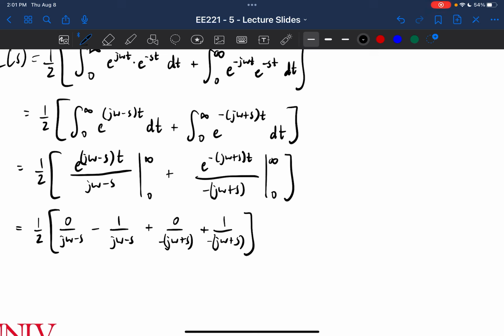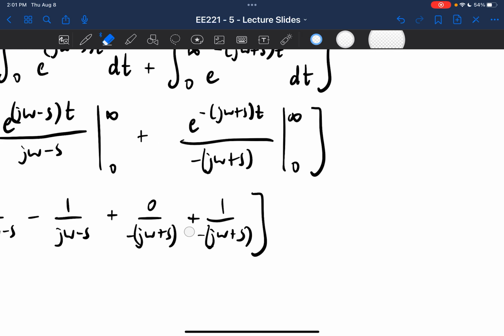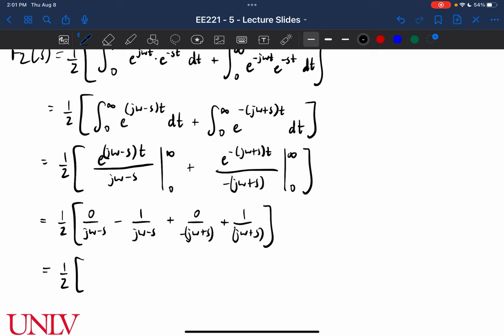And so ultimately, I get that this is equal to 1/2 times, let me see, did I do something wrong? I think I have a double negative here somewhere. So it's negative, yeah, this is supposed to become positive. Okay, so this becomes positive, and then I've got 1 over (s minus j omega) minus 1 over (negative s minus j omega).